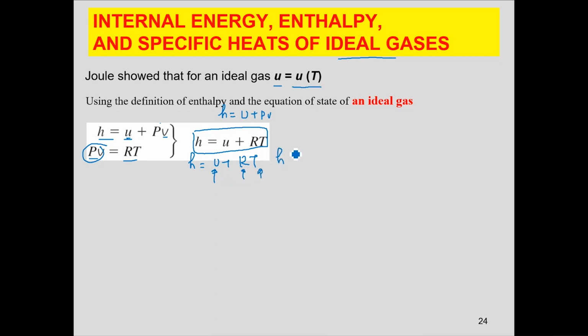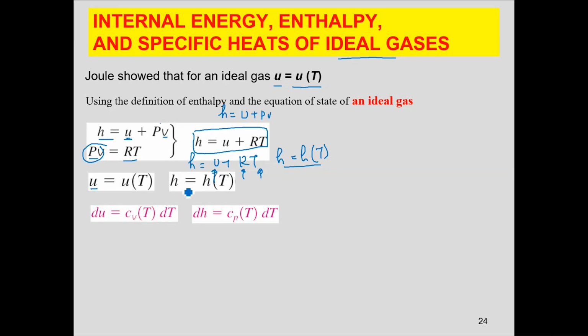So essentially, h, or enthalpy for an ideal gas, is also a function of temperature. So internal energy is a function of temperature, enthalpy is a function of temperature, change in internal energy is Cv multiplied by dT, change in enthalpy is Cp, which is a function of temperature, multiplied by dT.